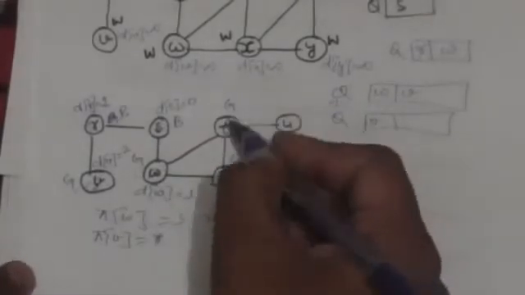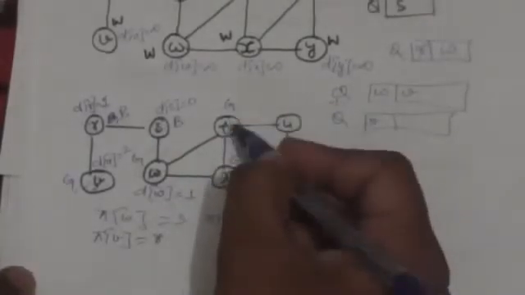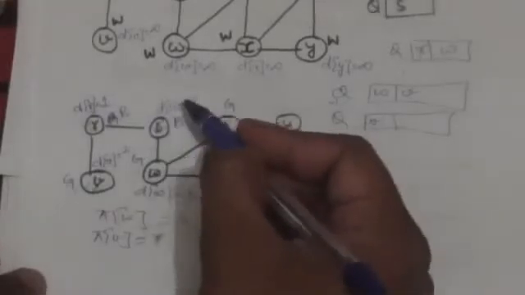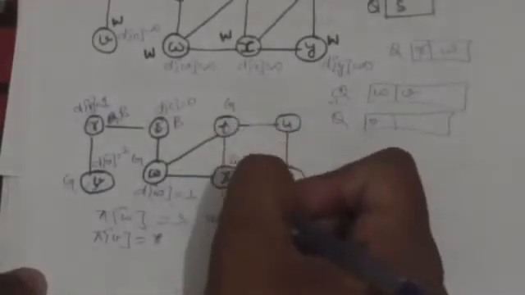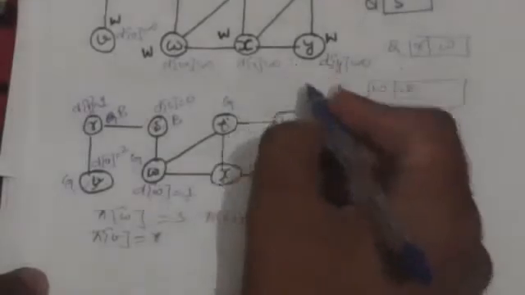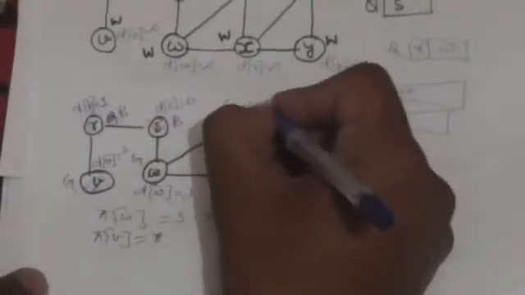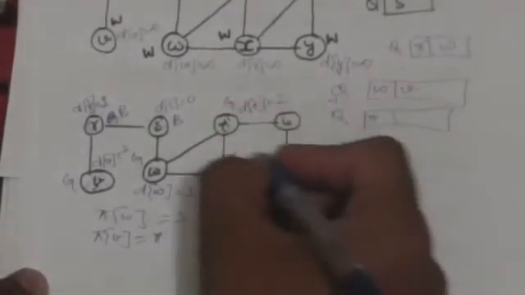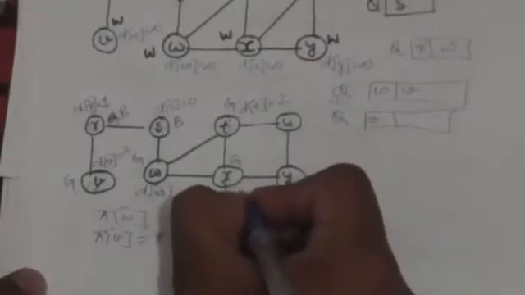So the distance of these 2 vertices T and X from source vertex S will be equal to 1 plus 1, that is 2. So the value of variables dT and dX will be equal to 2.